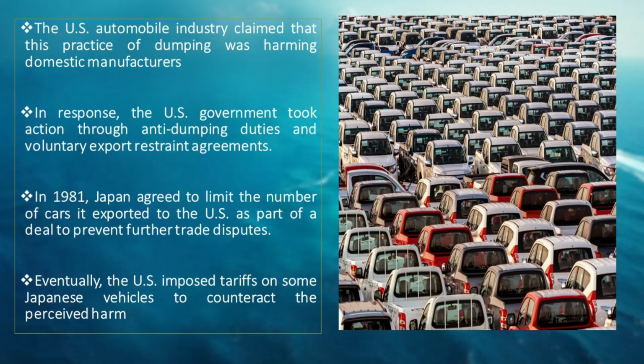The US government took action in the form of anti-dumping duties and voluntary export restraint agreements. As a result, in 1981, Japan agreed to limit the number of cars it exported to the US as part of a deal to prevent further trade disputes. Eventually, the US imposed tariffs on some Japanese vehicles to counteract the perceived harm caused by the dumping of cheap cars into the market.